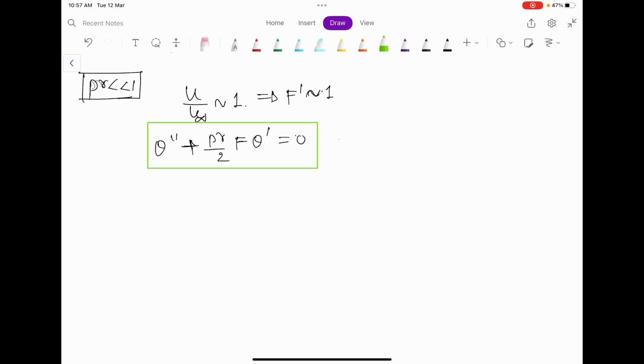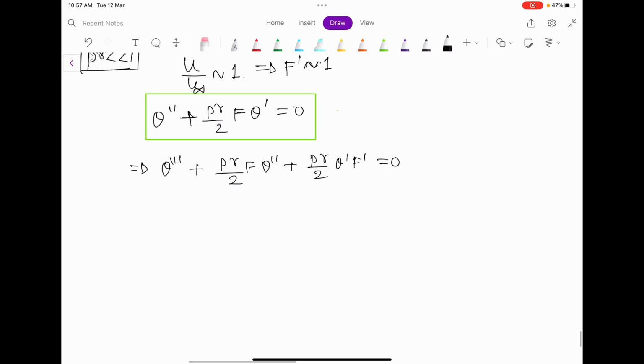Now if I integrate it once more with respect to eta, it becomes f into theta double dash plus Pr by 2 theta dash into f dash, right? So what we can do is, now, I think this is not the approach.